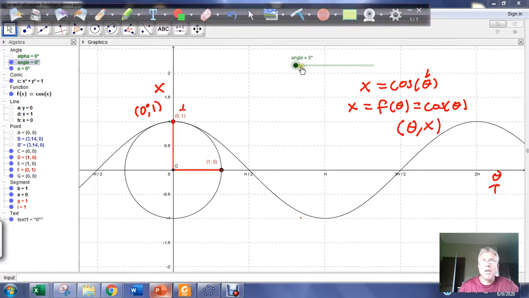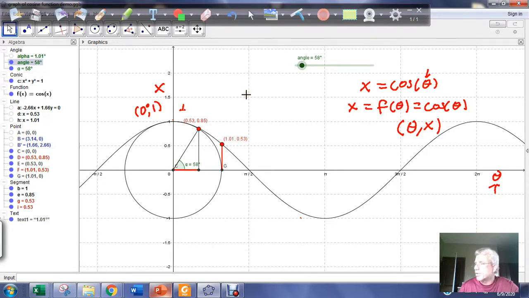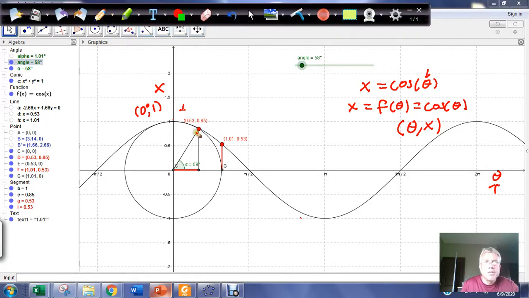If I start to sweep out an angle, going counterclockwise around the unit circle, so I've swept around the unit circle to this point on the unit circle, what I want to notice is that the x-coordinate right now is 0.53, and my angle here is 58 degrees. So on the cosine function, this point has to be, what is the angle at that point?